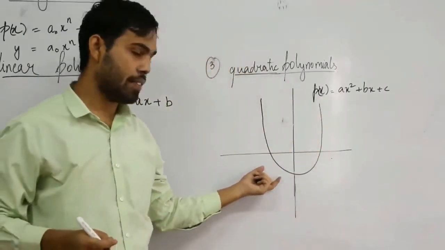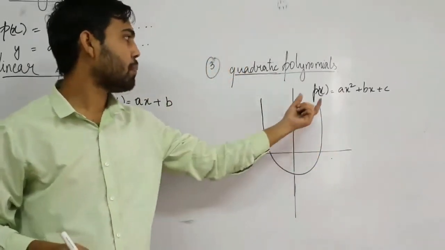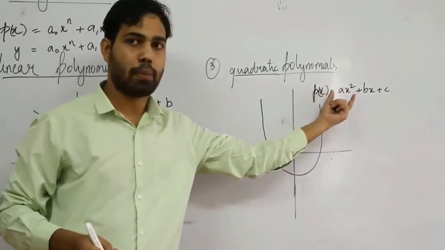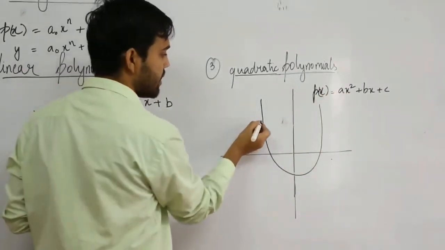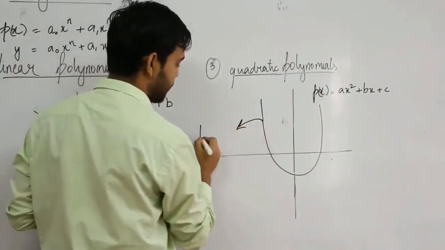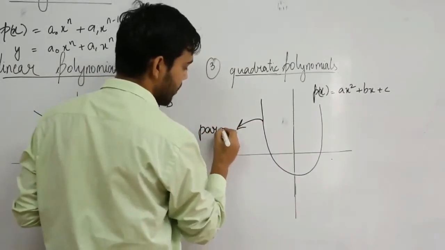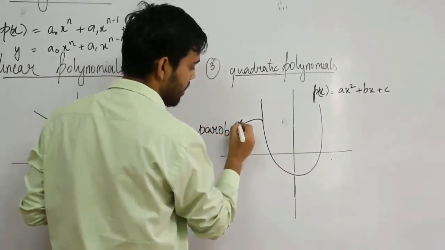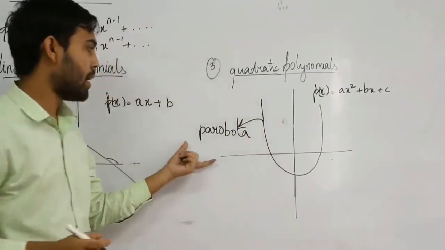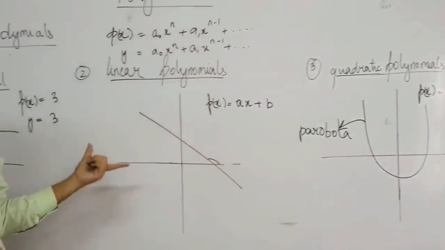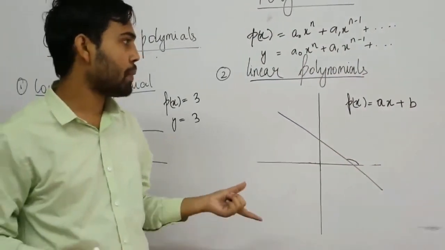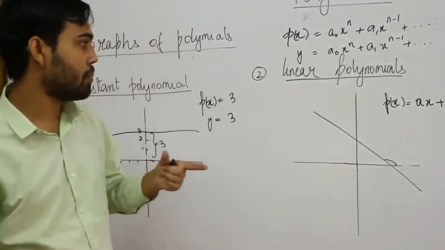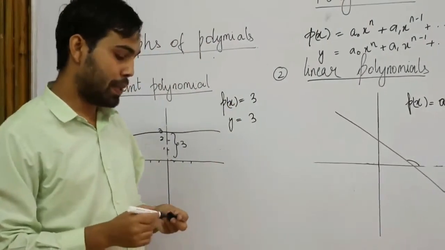This is the graph obtained when I plot the points of a quadratic polynomial. This type of figure is known as a parabola. So these are the graphs that I will obtain if I plot different polynomials on the graph paper.